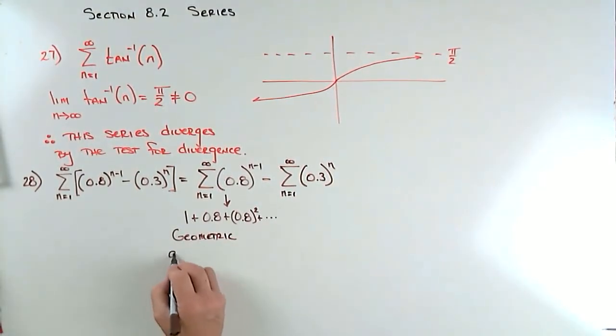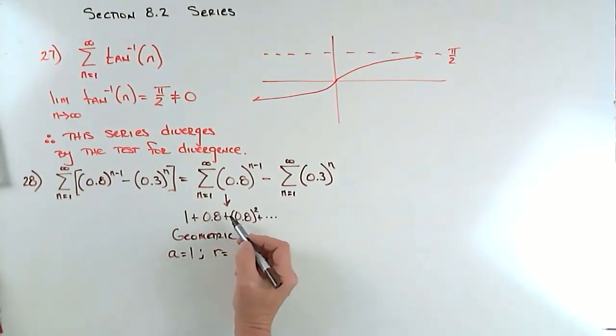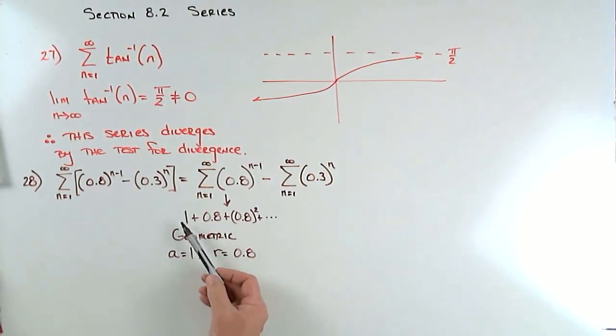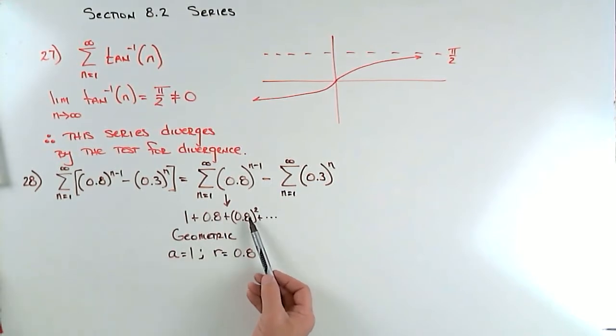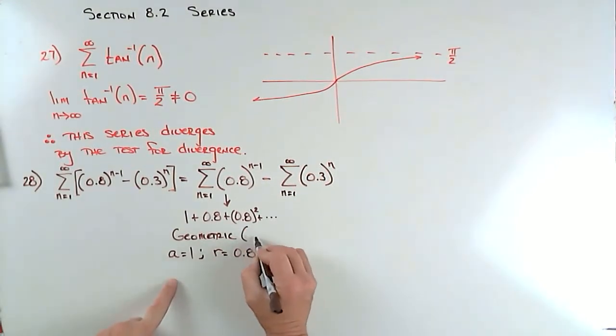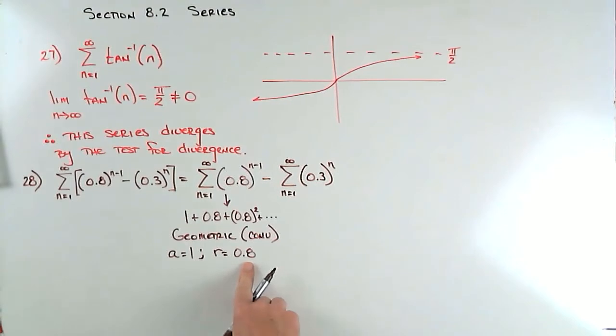And what do we know? We know A is 1, and we know R equals 0.8. How do we know that? Well, 1 times 0.8 got us to here. 0.8 times 0.8 got us to here. So this series is geometric, and it's convergent because R is less than 1.